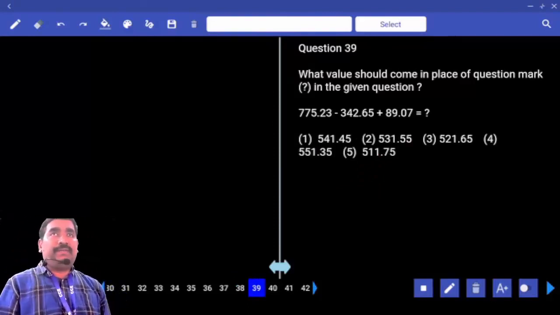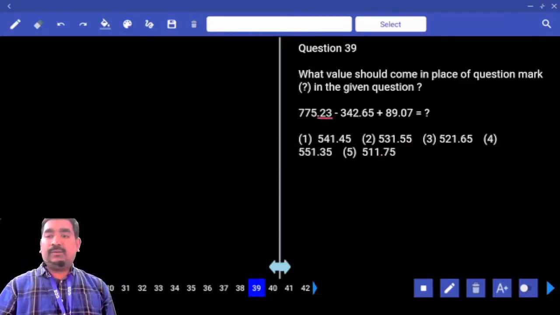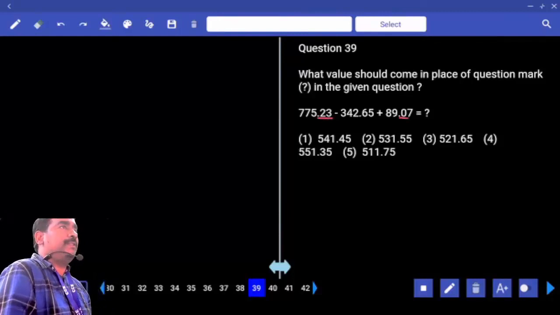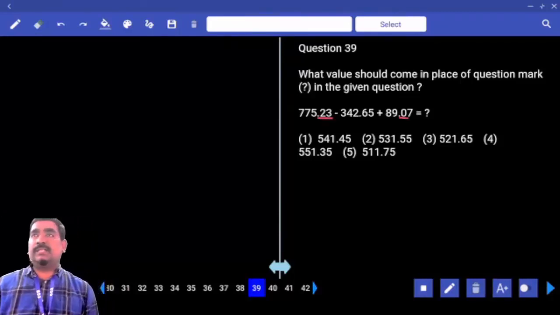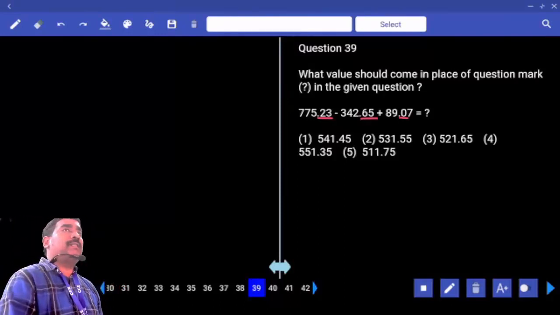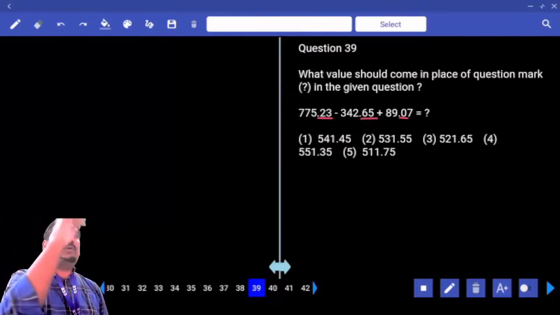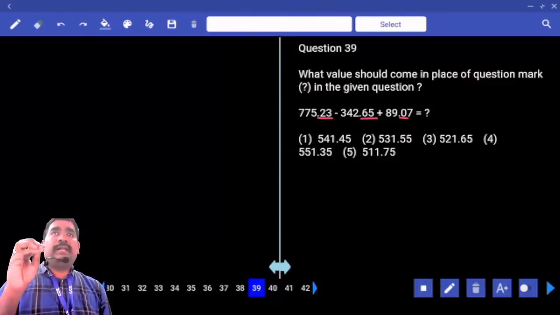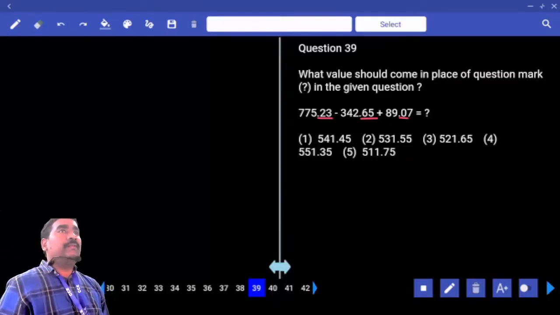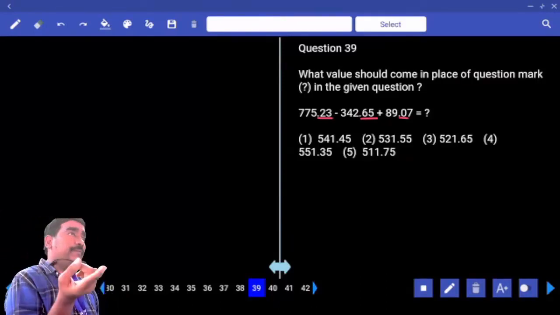Last 2 digit verification. 0.23, 0.7 means 0.3 or not? 0.3 minus 0.65 will give us minus 0.35.